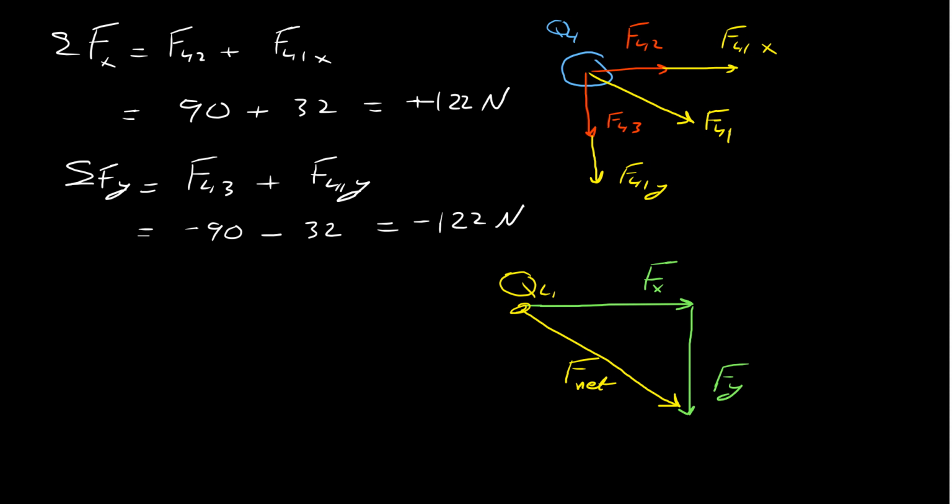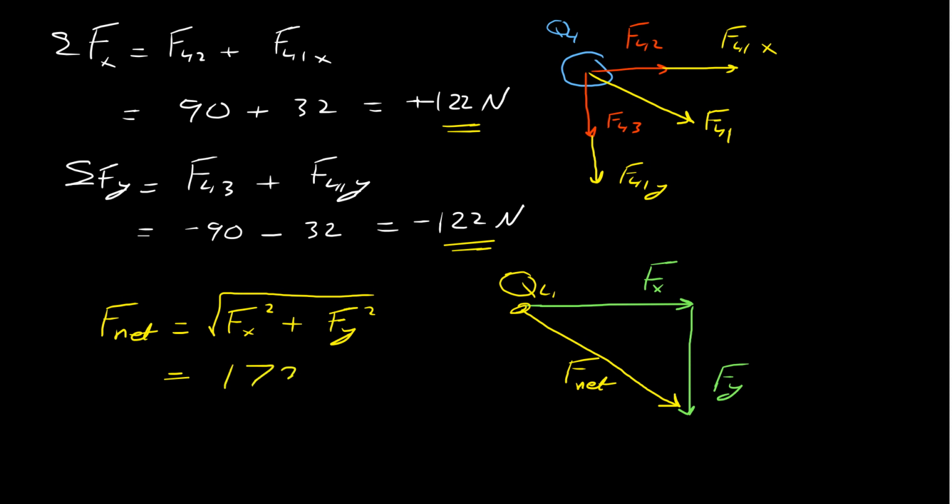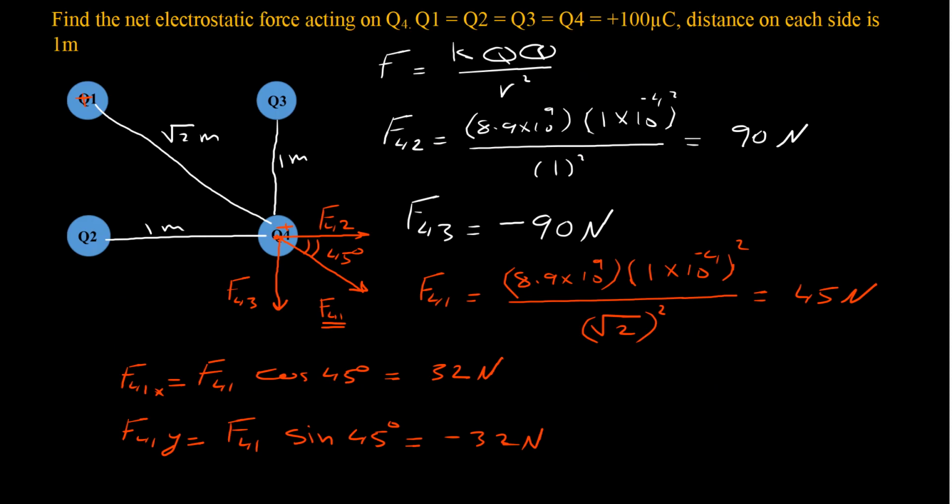Now we can simply say the F net, or the total electrostatic force, will be the square root of Fx squared plus Fy squared. If you square this value and this value, and add them up under the square root, it should give you something around 172.5 Newton. So that will be the answer to our question, which is to find the net electrostatic force acting on Q4.